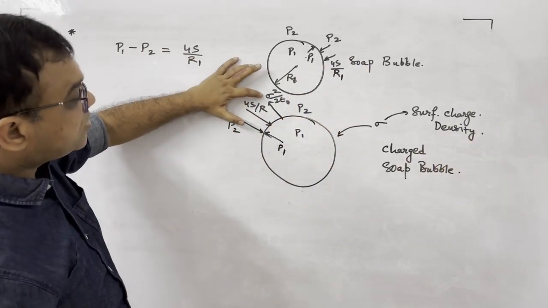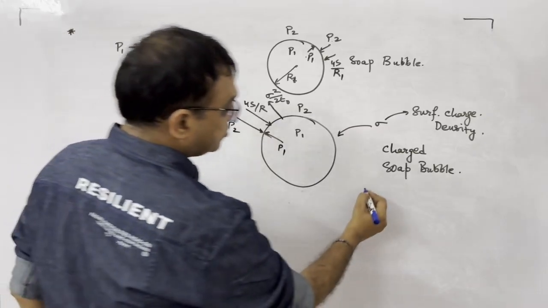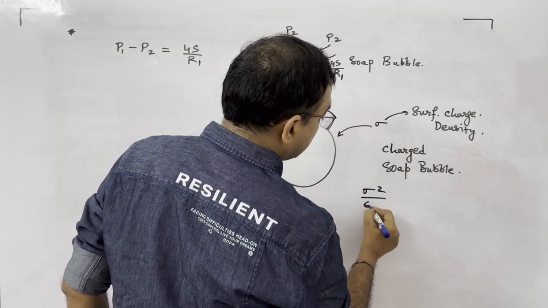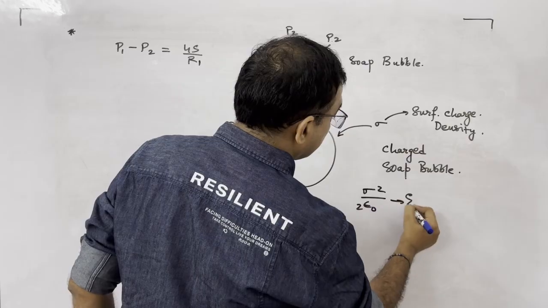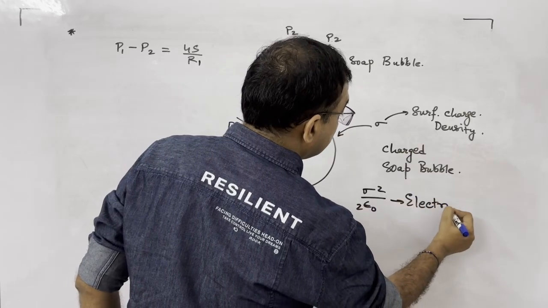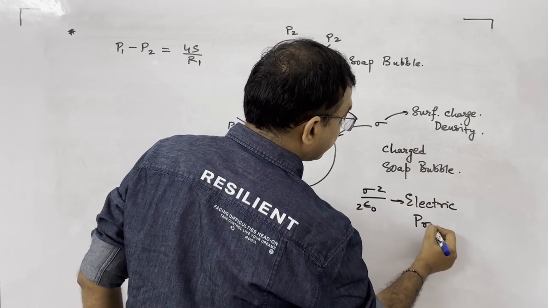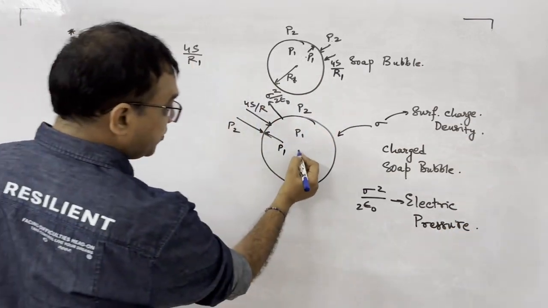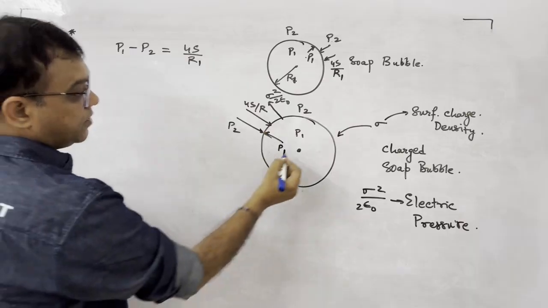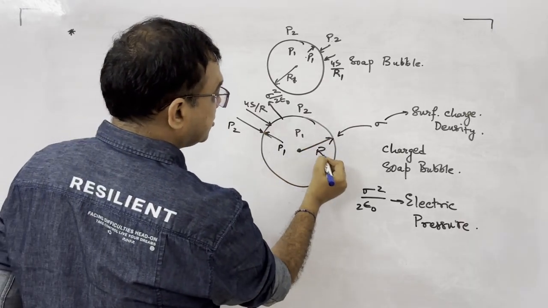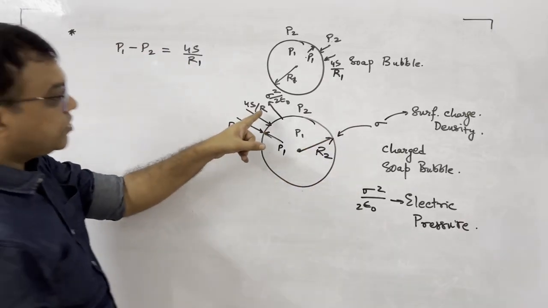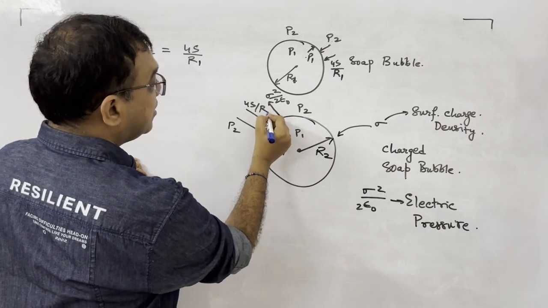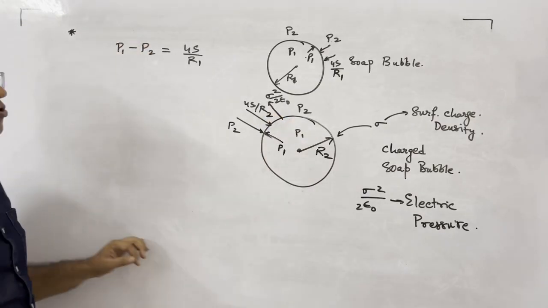And sigma square upon 2 epsilon naught is known as the electric pressure. About this we will study in electrostatics. Because of this the radius changes, say it is R2. So instead of 4S by R, I want to write R2.